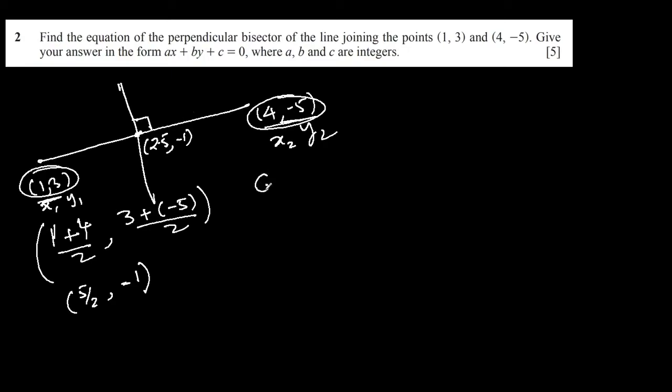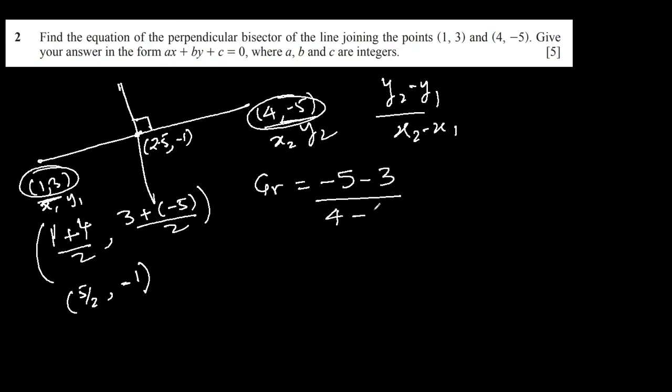The gradient of a line is y2 minus y1 divided by x2 minus x1. So y2 is minus 5, y1 is 3, x2 is 4, and x1 is 1. That comes out to be minus 8 over 3.